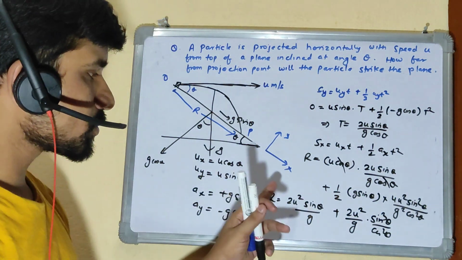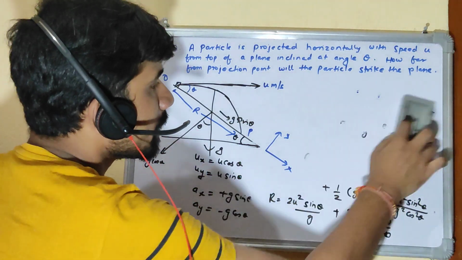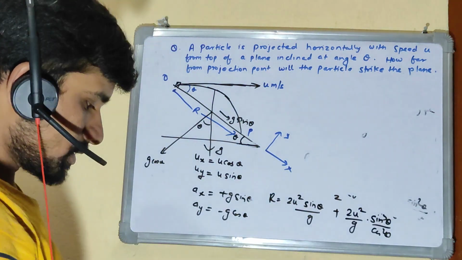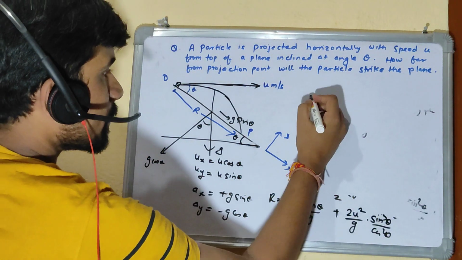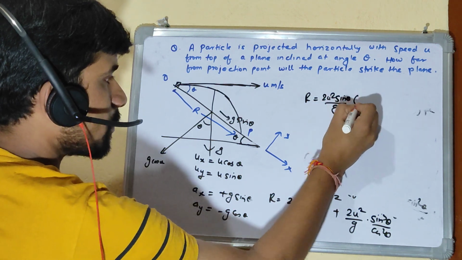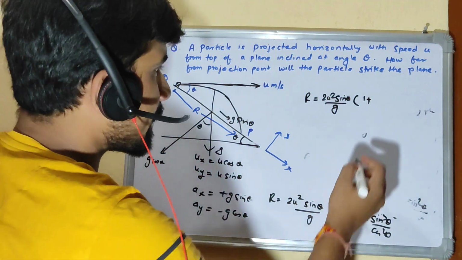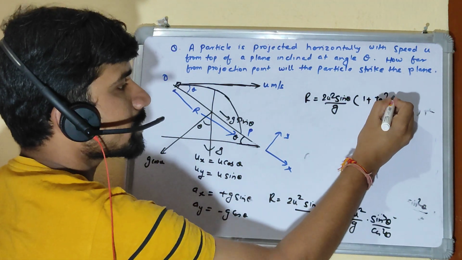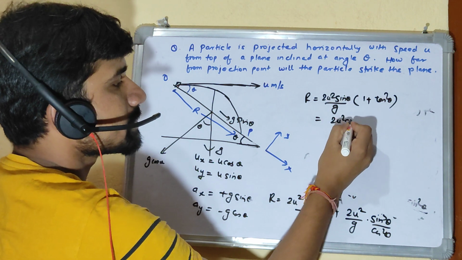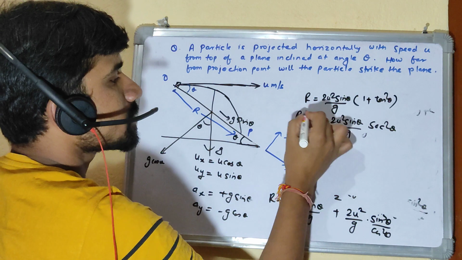So range becomes 2u square sin square theta by g plus 2u square by g sin cube theta by cos square theta. Now if I take 2u square sin square theta by g common here, this becomes 1 plus tan square theta, because sin square by cos square, and 1 plus tan square theta is sec square theta. So this is my final expression for range.